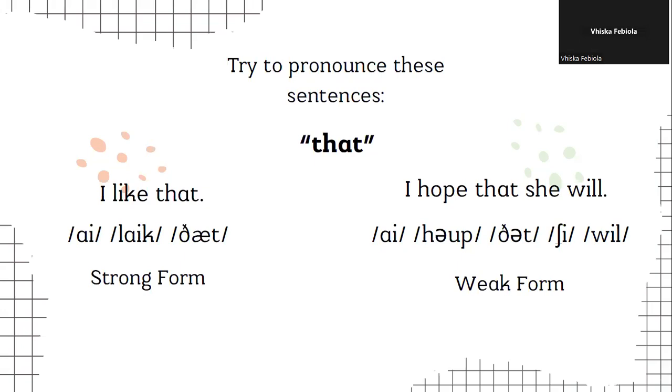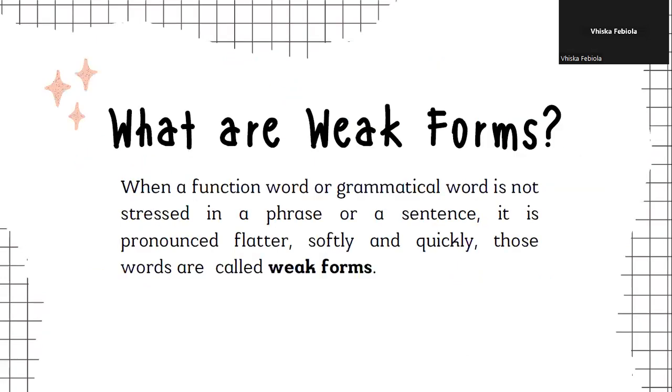The that in the first sentence is a strong form because it has a little emphasis on the that. While the second one, I hope that she will, has a weak form because the that in I hope that she will is just a little bit softer than the first one. That is the weak form.